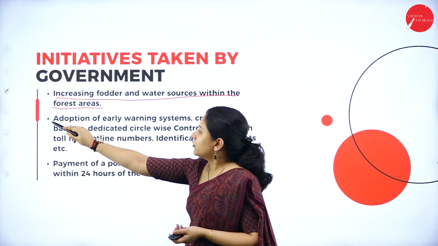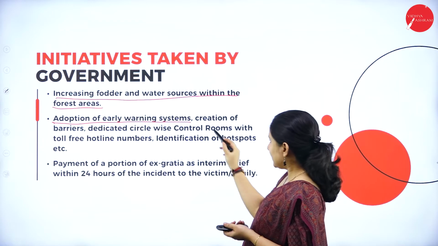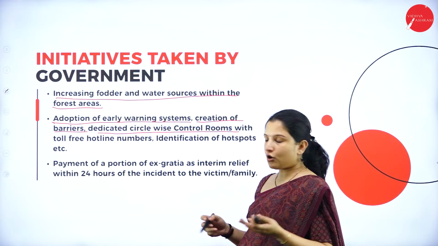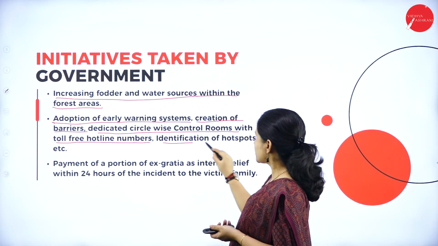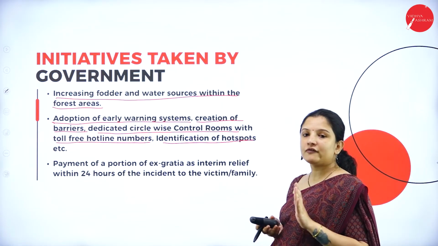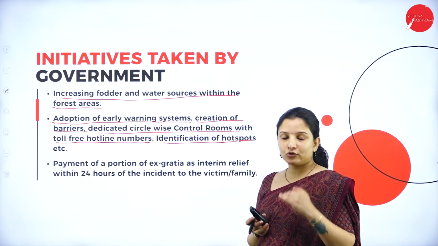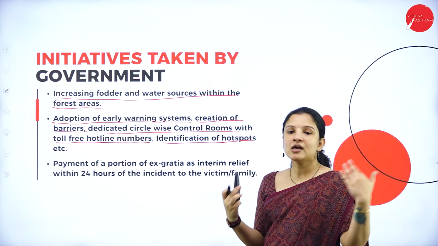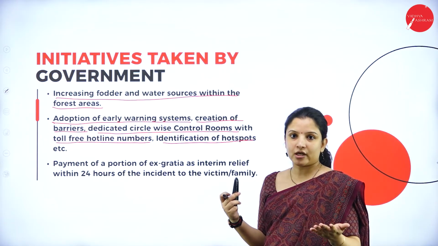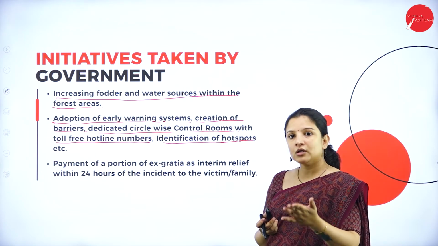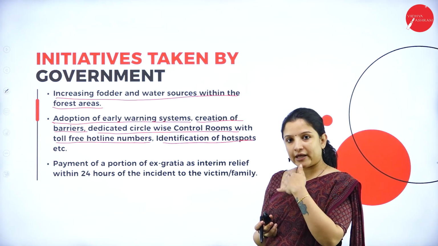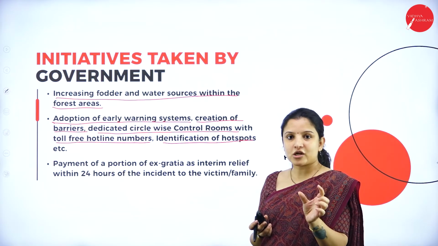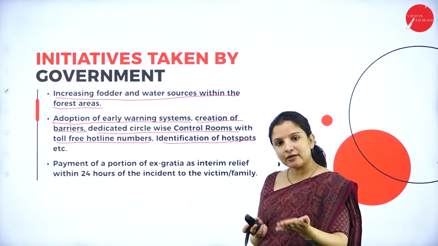So next is adoption of early warning systems, then creation of barriers, dedicated circle-wise control rooms with toll-free hotline numbers, identification of the hotspots, etc. One is adoption of early warning systems. Beforehand, if they come to know that a herd of animals, for example, a herd of elephants, have changed their direction and they are coming towards the village, then based on satellite imaging and all that, the people themselves can be warned, wherein they can use some methods to allow the wild animals to flee from their particular area, or the people can leave that particular area for a duration of time and allow these animals to pass and then go back to their settlement.